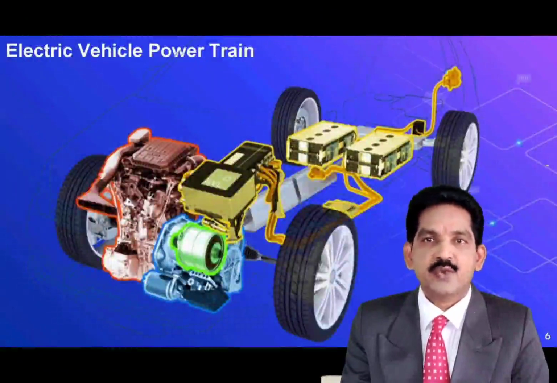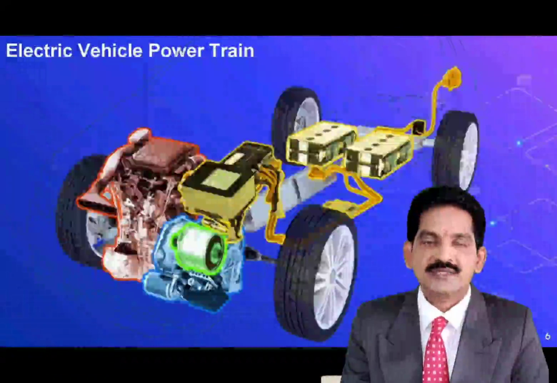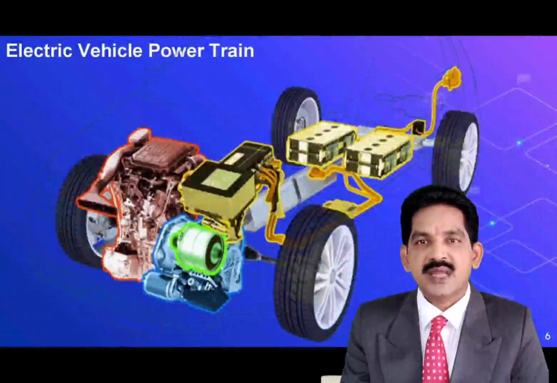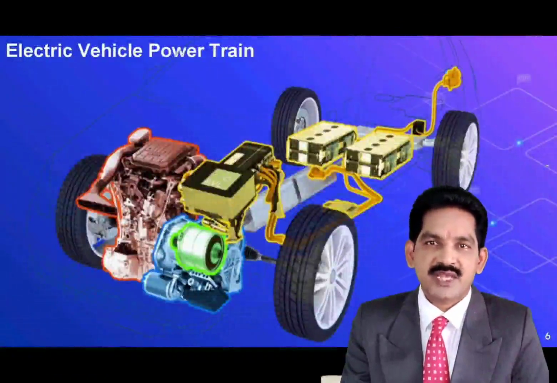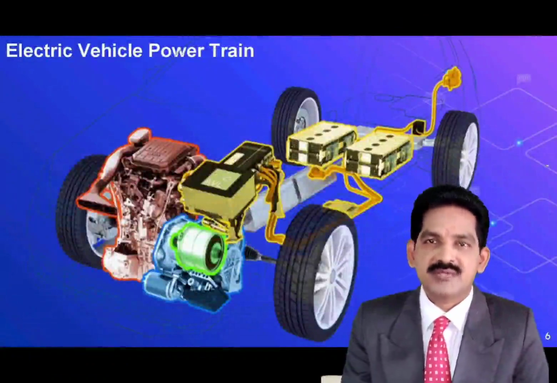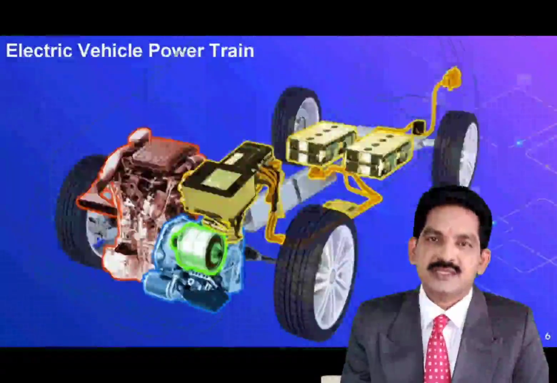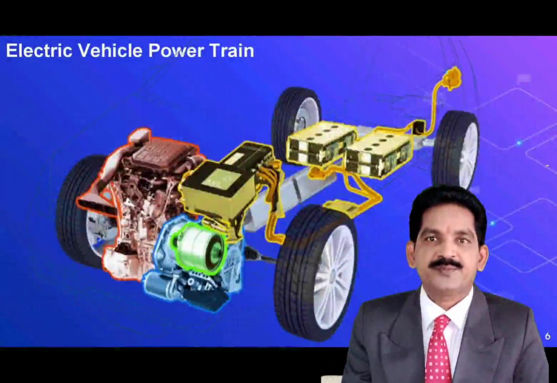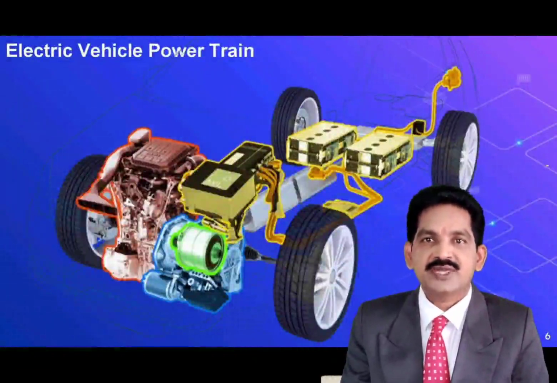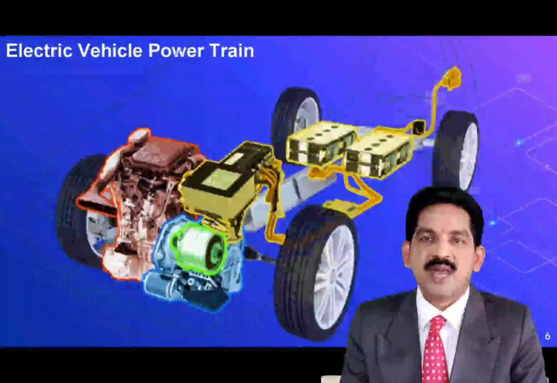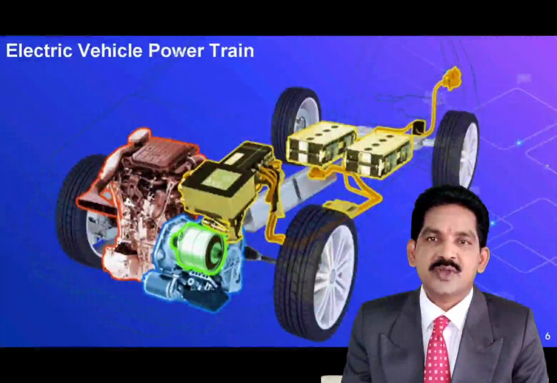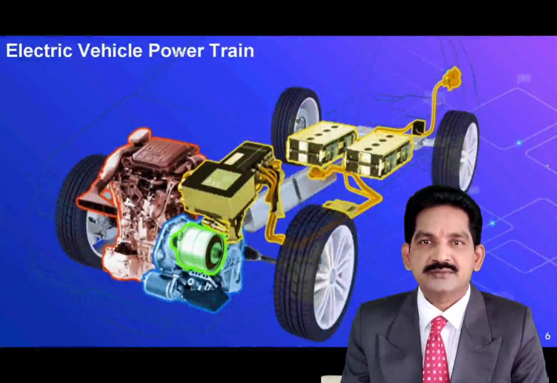Configuration 2. Instead of one battery, this design uses two different batteries. One battery is optimized for high specific energy and the other for high specific power. Configuration 3. The battery is an energy storage device, whereas the fuel cell is an energy generation device from air.